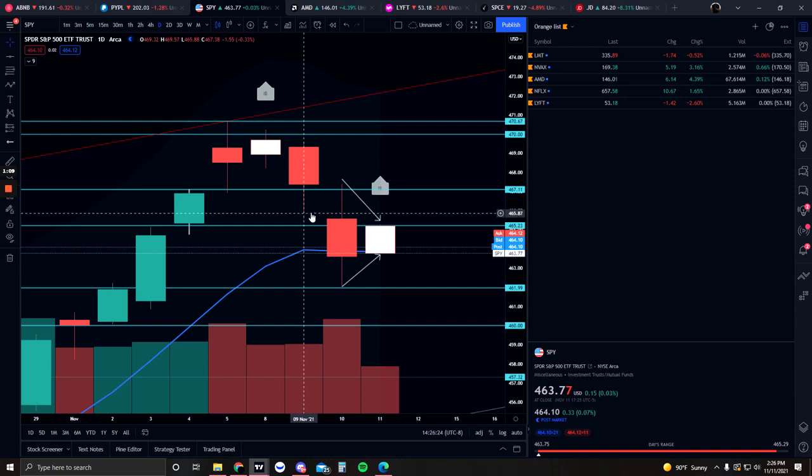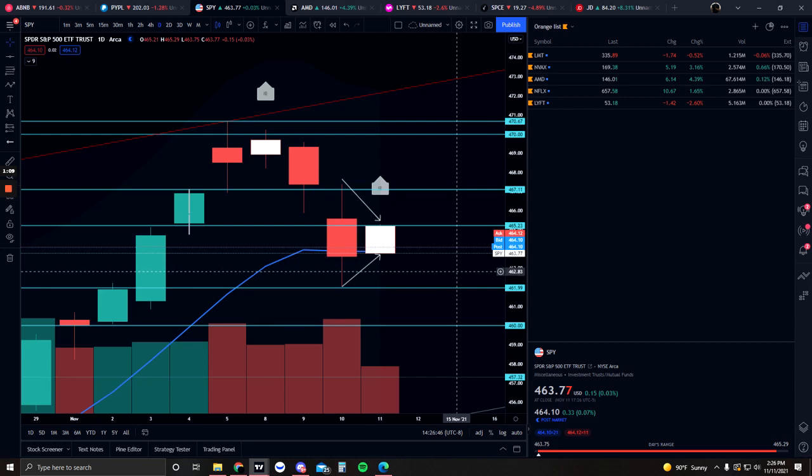That's a $4 move. Here we have 470 to 468, that's a $2 move. Here we have 470 to 467. That's a $3 move. So here you can see that a $4 move seems to be pretty reasonable.